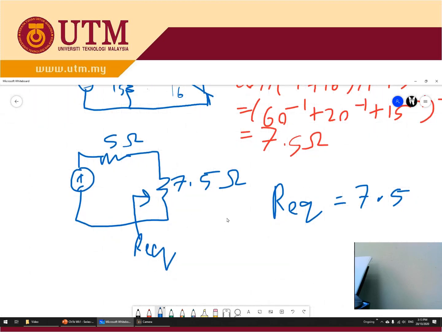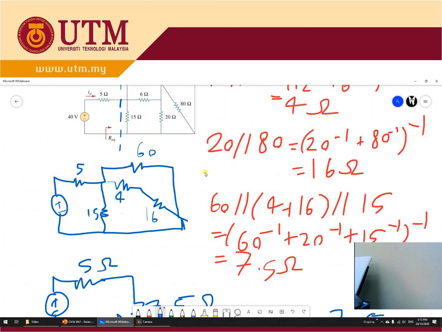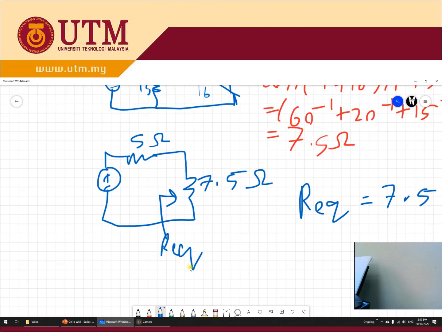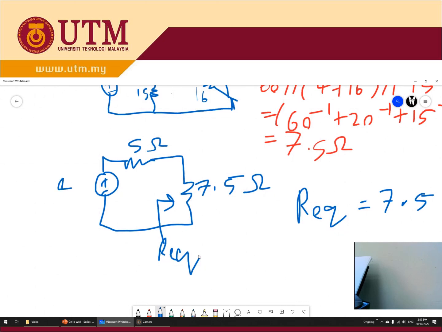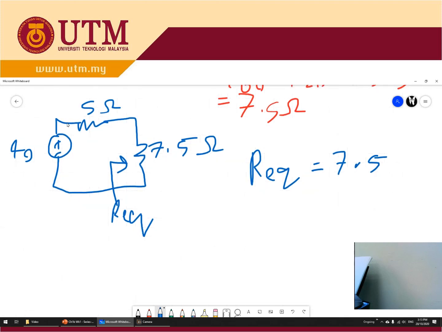So the second question is to calculate the power. The voltage is 40. So how to calculate the power? Either you can calculate the current, depending on the question. If the question asks for the current, you have to calculate the current, then multiply with the voltage source.